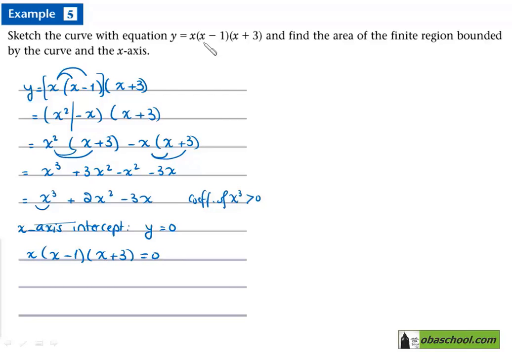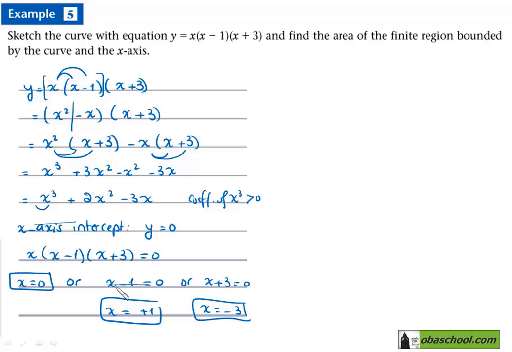Here we take the factorized form because we can easily find the roots of this equation. The first is x equals 0, or x minus 1 is equal to 0, so x is plus 1, or x plus 3 equals 0, so x is minus 3.